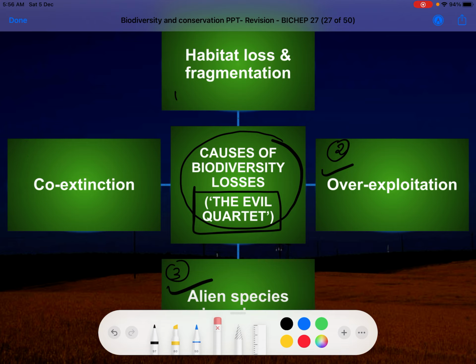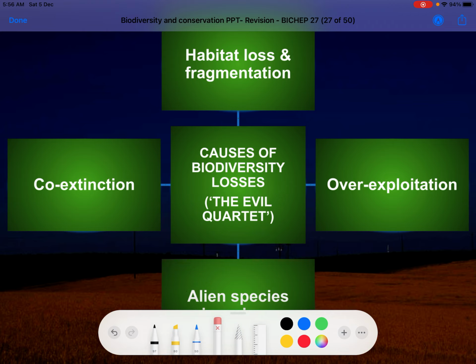So these are the main reasons why we are facing the problem of biodiversity loss. Each of them has to be clarified one by one.